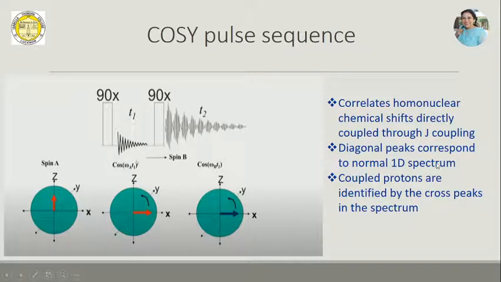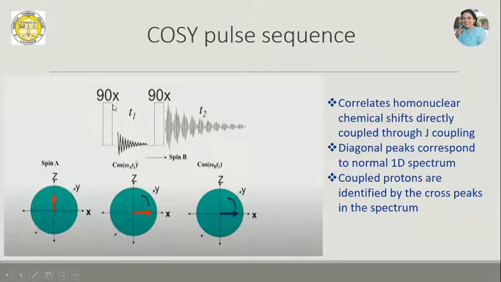Diagonal peaks correspond to a normal 1D NMR, we will see this later, and coupled protons are identified by cross peaks in the spectrum. These various kinds of 2D NMRs are differentiated from one another by the kind of pulse sequence which is used. In COSY pulse sequence, both the pulses are 90x pulses.